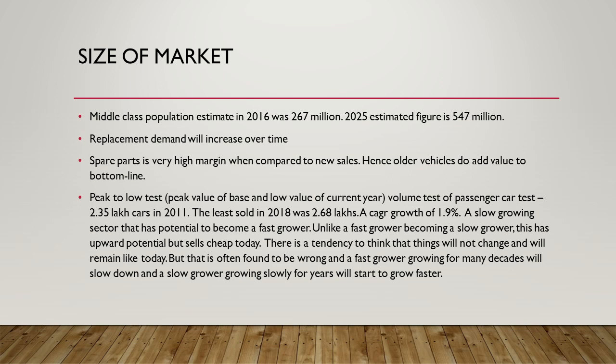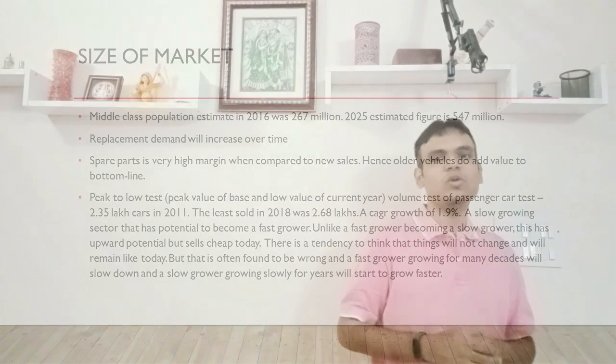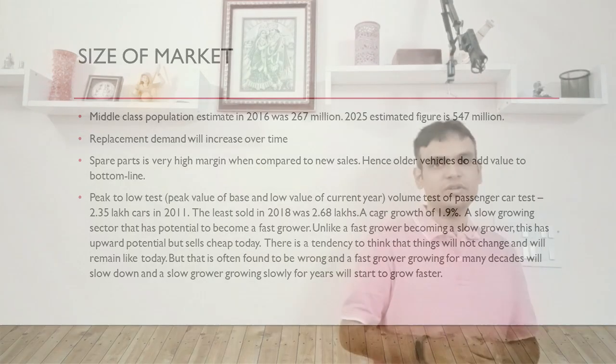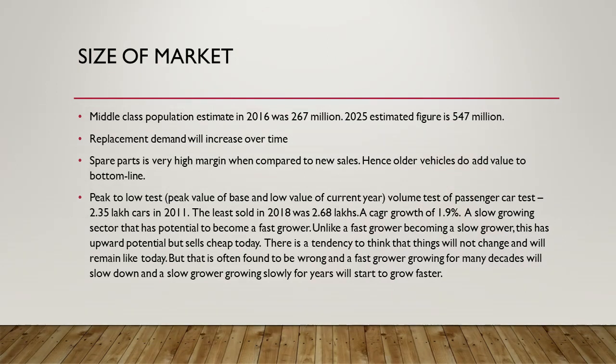So now let's look at how the segment as a whole behaves in the Indian automobile industry. Let's talk about how much growth we have seen in the passenger car segment. To do this, let's look at a very conservative figure. How do we do that? Let's look at the 2011 values.